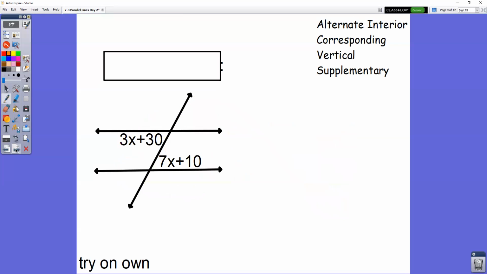All right, if you could try this one on your own, please. Say what kind of angle it is, set up an equation, solve for x, and sub it back in.